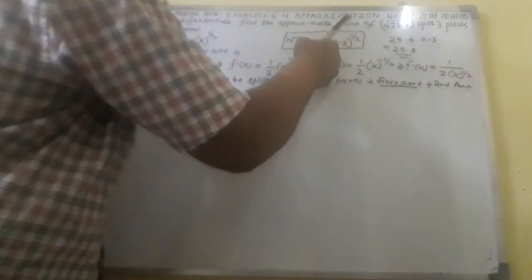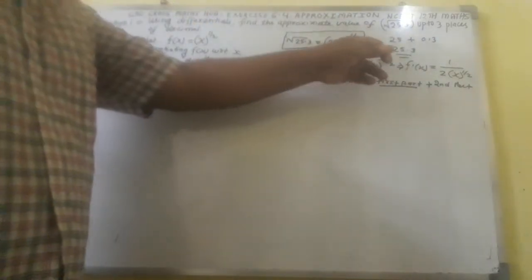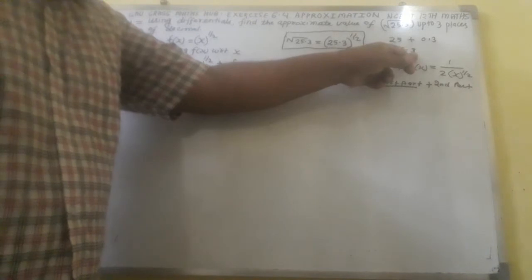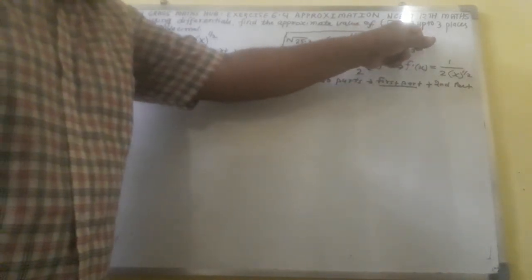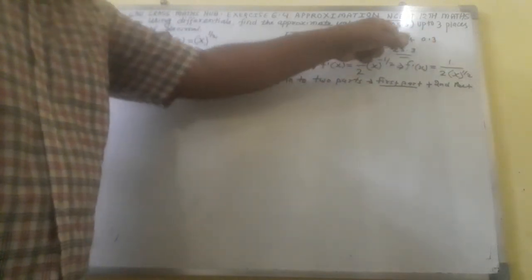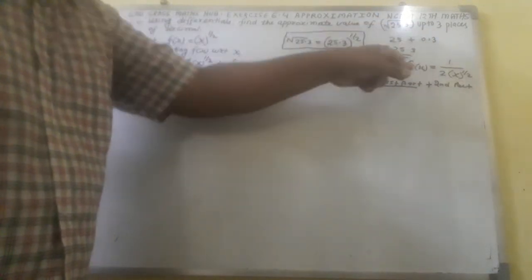The same thing you have got. This means 25.3 has been split into two parts. First part 25 plus 0.3. 25 and 0.3 will be added, comes out to be 25.3.